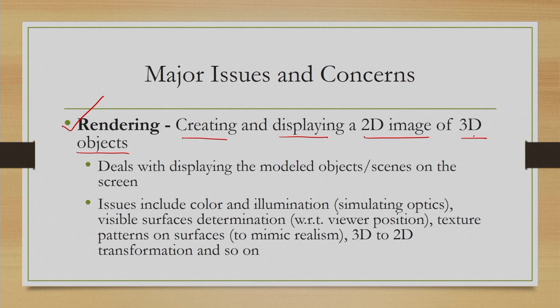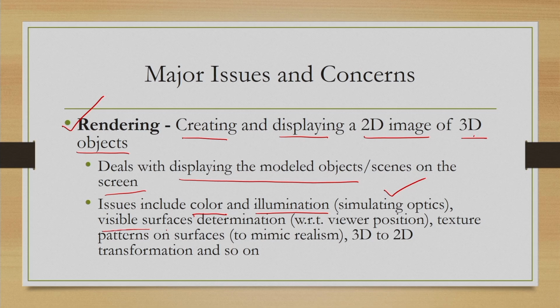So, this rendering deals with issues related to displaying the modeled objects on the screen, and there are some other related issues involved, namely coloring of the pixels on the screen, color and illumination, which involves simulating the optical process.